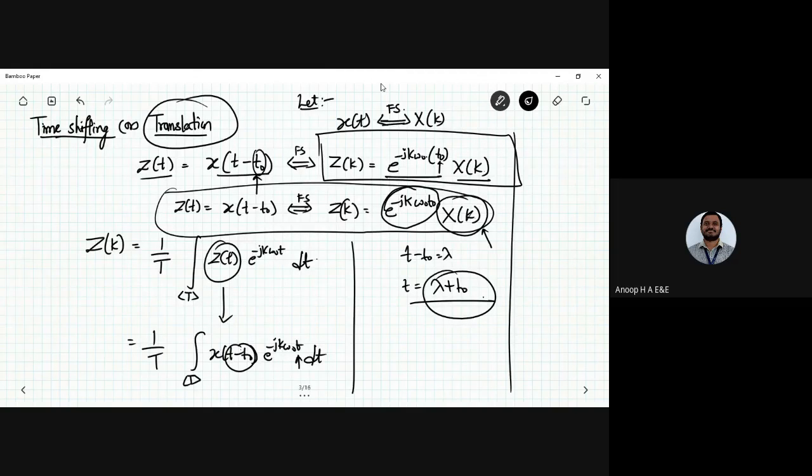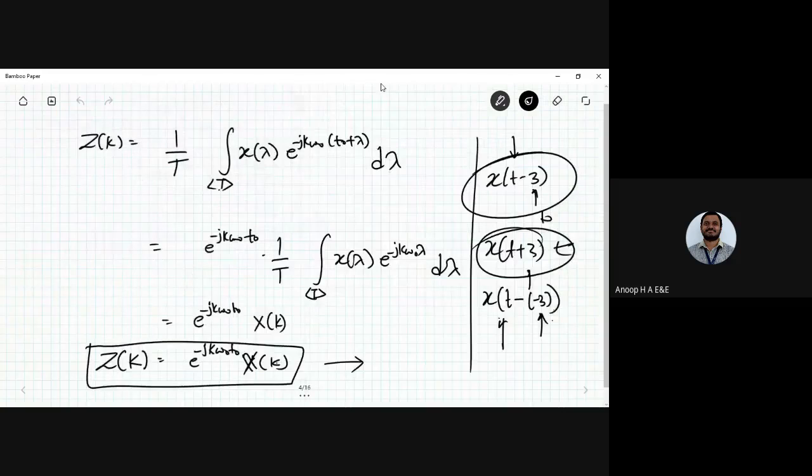Okay, so now let us go for the proof here. x z of t I can replace with x of t minus t naught. Let me replace this by one single variable, that is t minus t naught equal to lambda. So t will be equal to lambda plus t naught. So I have this t being written as a variable.